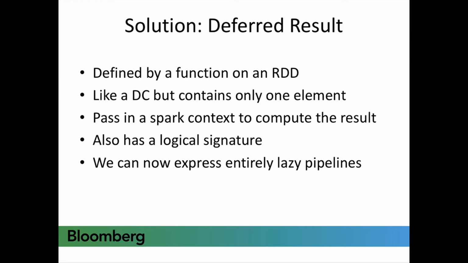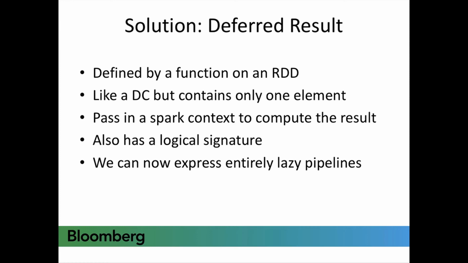It's defined by a function on an RDD, basically everywhere in Spark where you would call an action. Instead of returning a double or some result, it's almost like a future, except it's called a deferred result because it doesn't have the value yet.